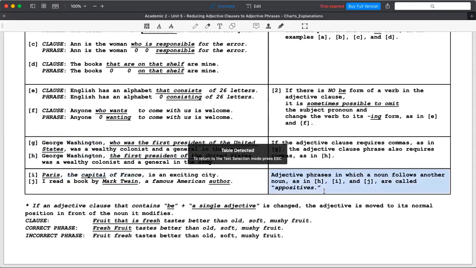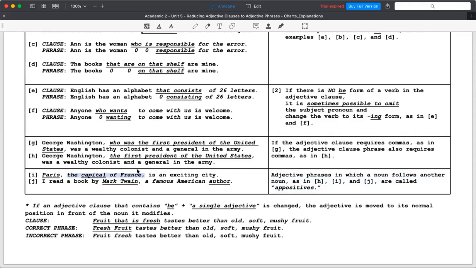Appositives are very popular and are a form of adjective phrases. They are born from adjective clauses when you shorten the sentences. But the difference is, if you follow a noun by a phrase, that is considered an appositive. An appositive has the same meaning as the same subject or object. For example, Paris, the capital of France: Paris and the capital of France are the same place.